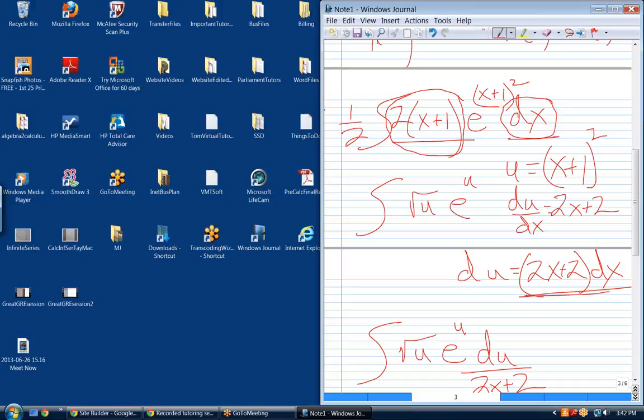and do it that way rather than the original way I did it, which maybe is a little more helpful for understanding what you're doing, but it's an extra step to do it the original way I did it. And most courses will try to get you to recognize that in the original integral you already have a 2x plus 2 and a dx.